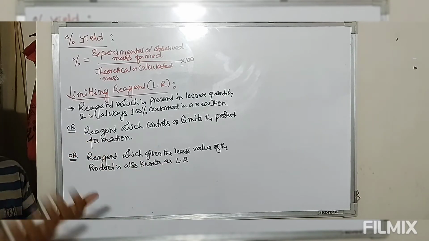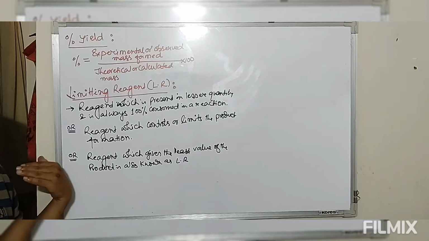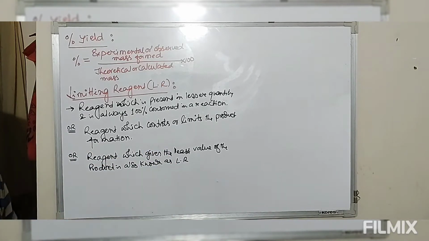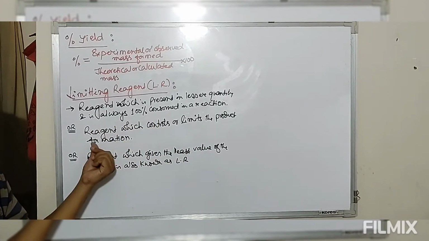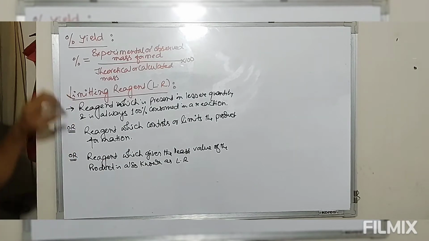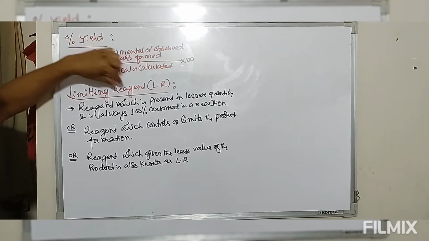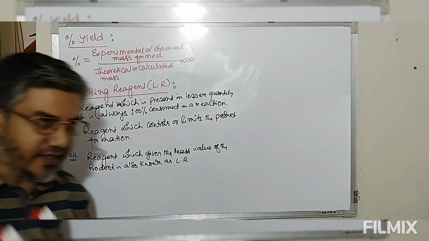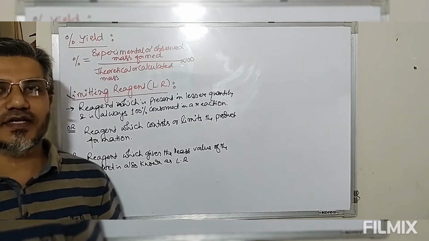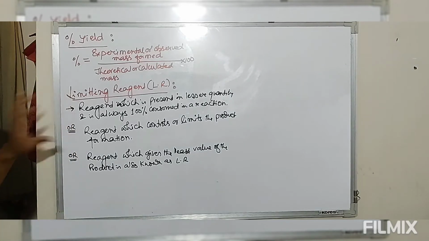Final conclusion meaning the same. So whether this is defined in terms of the least value of the product formation, or which controls the product formation, or which is consumed in the chemical reaction, all this gives you a particular reagent concept which is known as the limiting reagent. So in any given stoichiometric calculations, the first thing we have to do is define this limiting reagent.